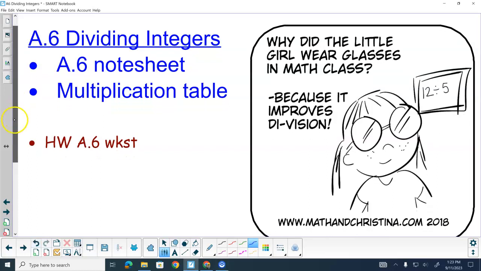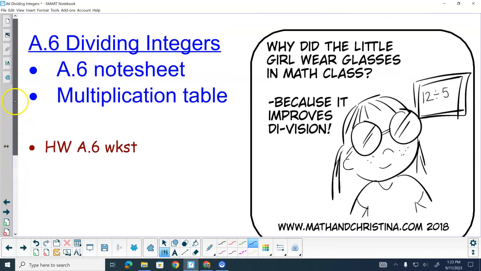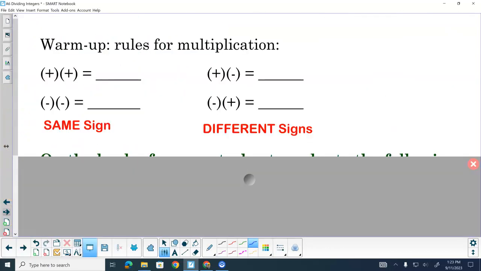Let's recap our multiplication rules from Friday.